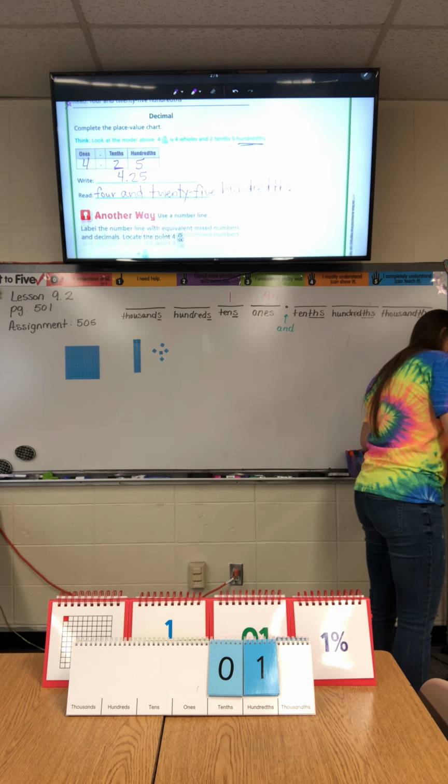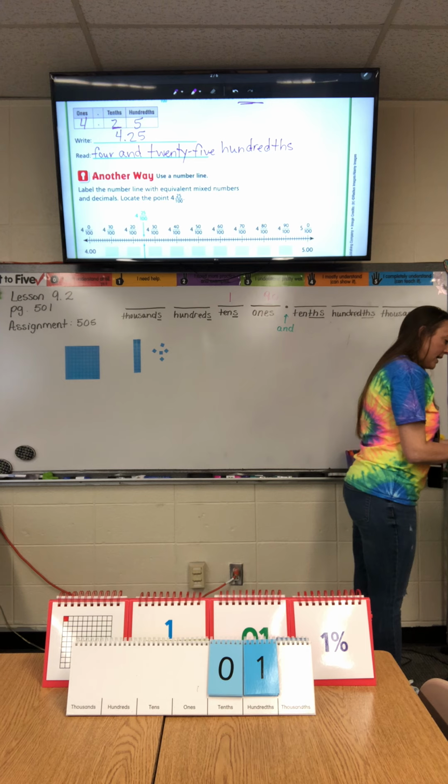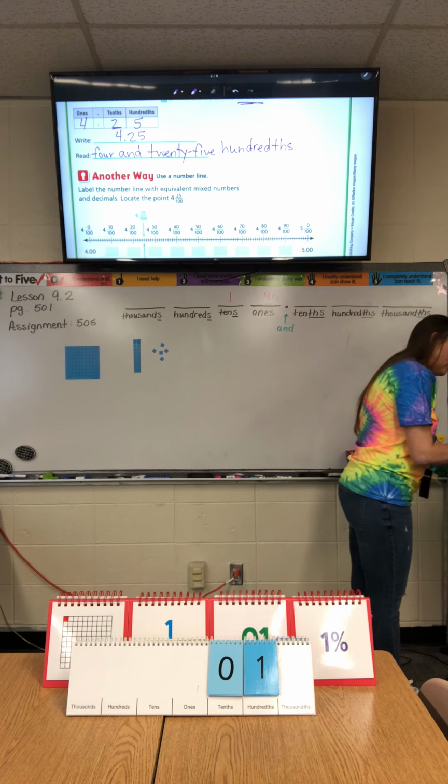Okay. We can also use a number line here, and we know that 25 is between 20 and 30.